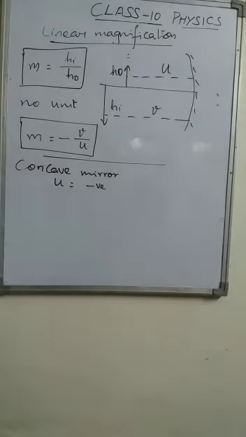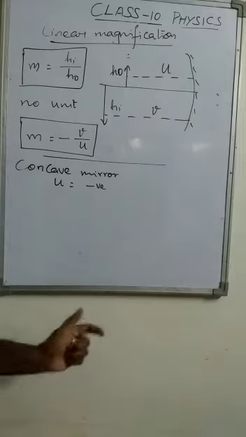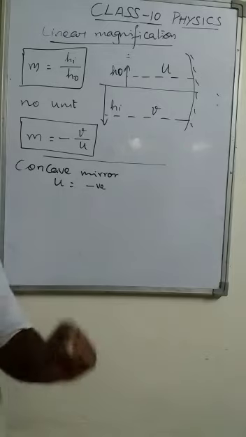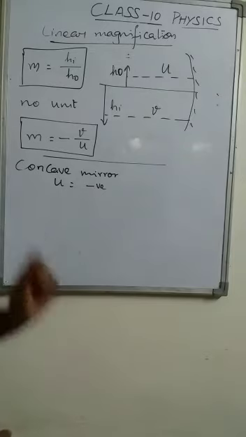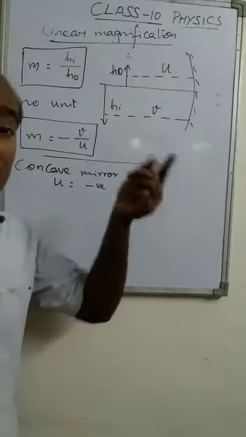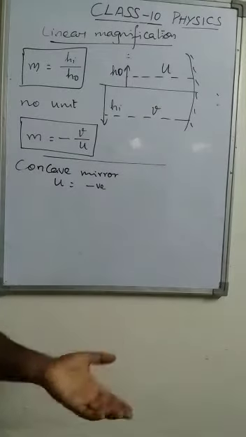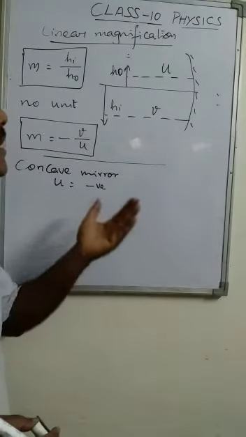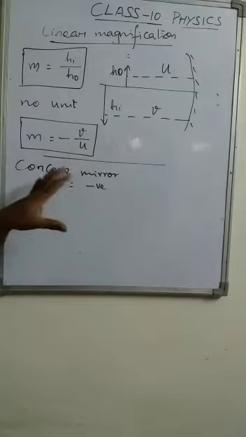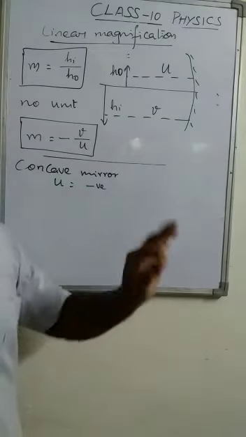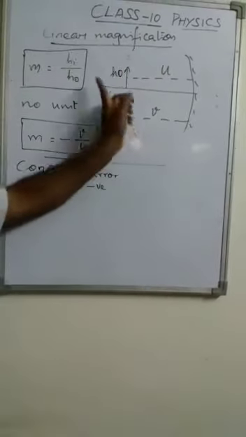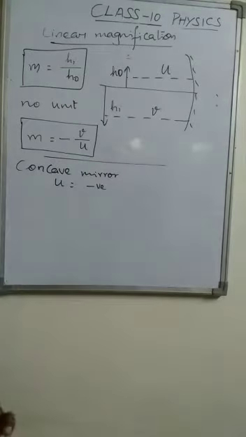Sometimes u can also be positive, but that is only possible when the object is virtual. At this level you don't have virtual objects; you have only the real object. For the real object, u is negative.